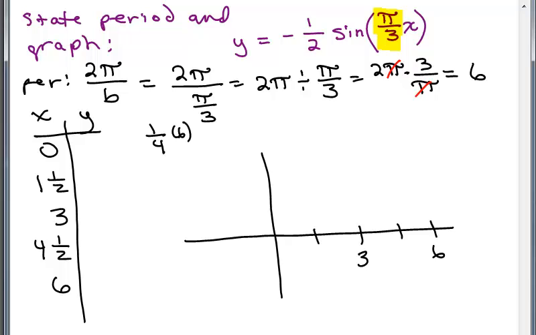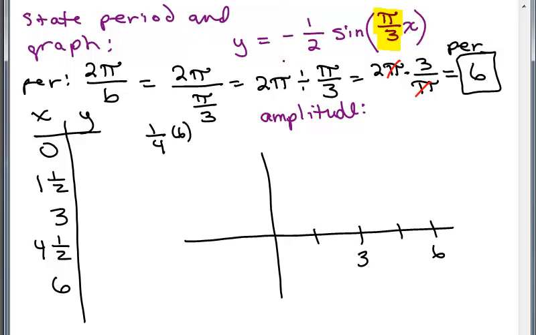Now what about the y coordinates? We've got the period right here. So let's keep in mind this is the period. Okay. What about the amplitude? What's the amplitude? Well, look at the coefficient here.